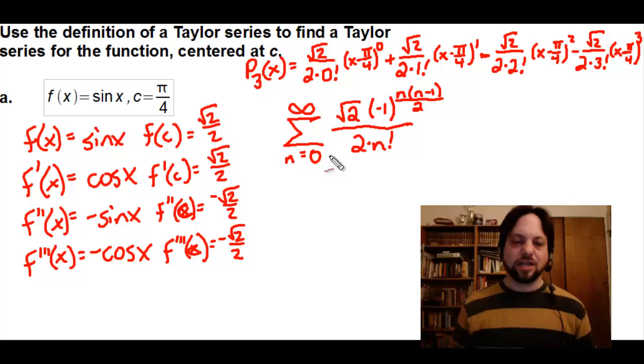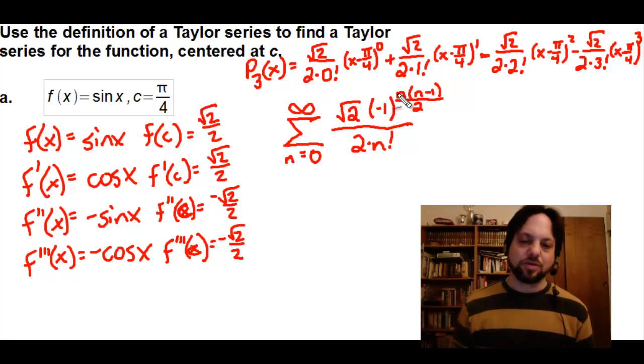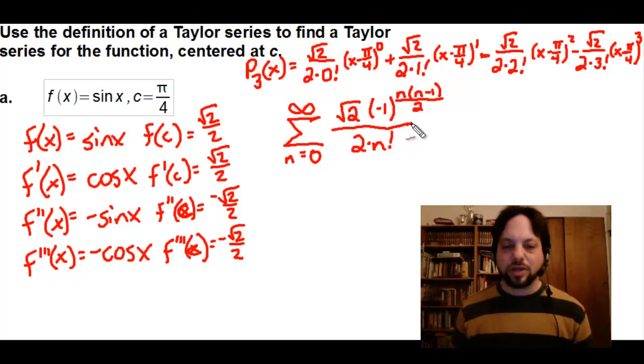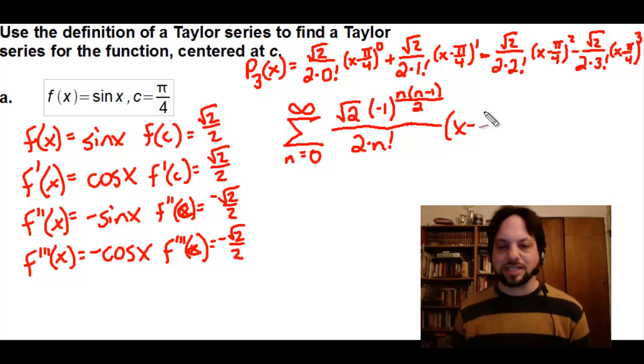Now, of course, it might look kind of iffy that we're going to have a negative when we plug 0 in. But this 0 here will take care of that situation. When we plug 1 in, that'll take care of that, and it'll go on and on. Now, there's really only one thing I'm forgetting here in this series, and that is going to be my x minus c raised to the nth power.